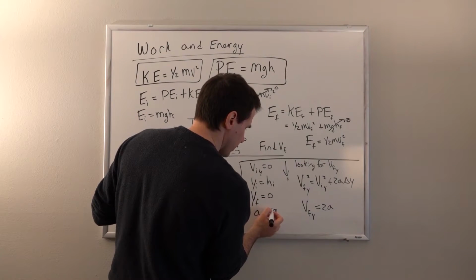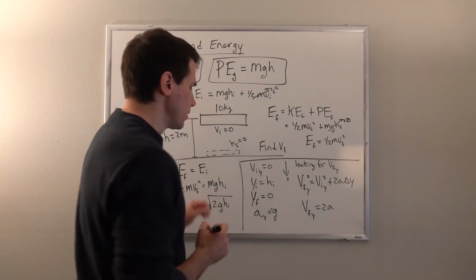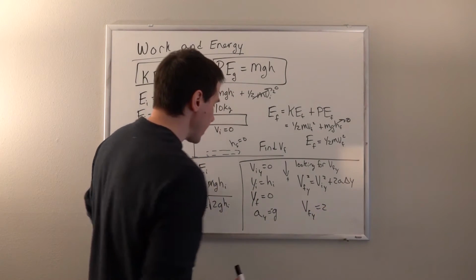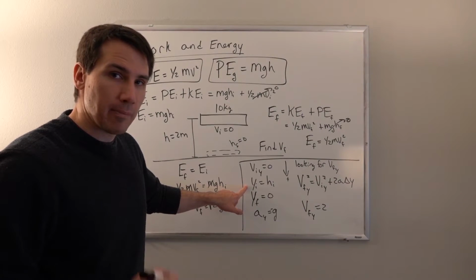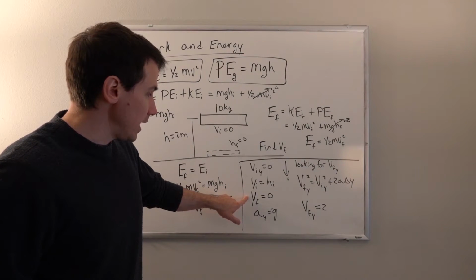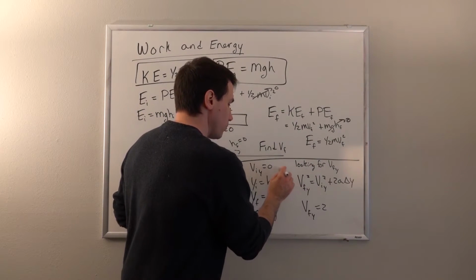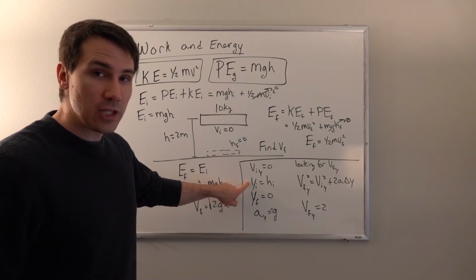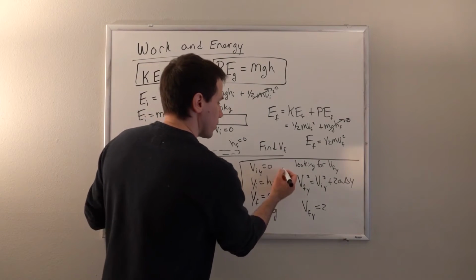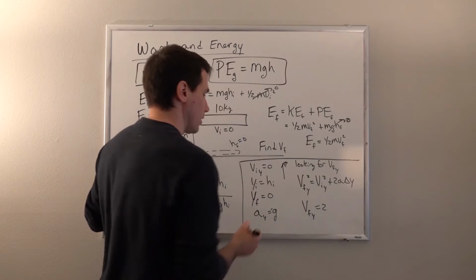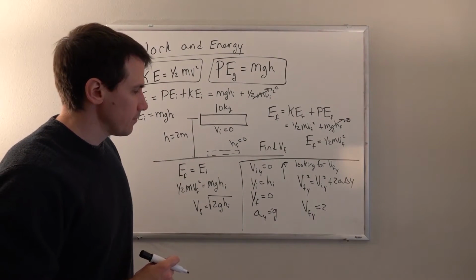oh, sorry, I should make this negative. By making y initial a positive value and making y final 0, I said that moving in the positive direction is increasing my y value, so I need to make up positive. All right, sorry I missed that.